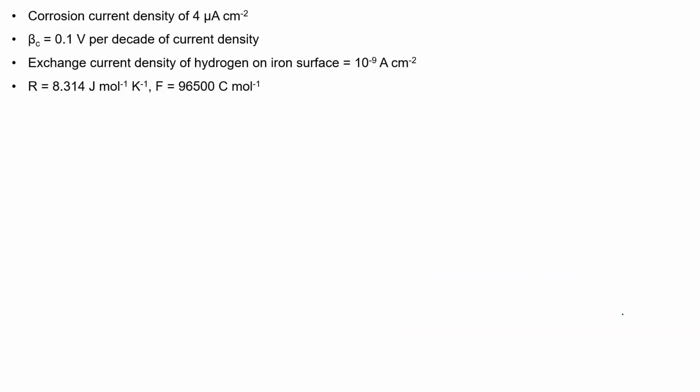Next slide. So the value that we determined is minus 0.1773 volt. Now we are required to find the value of E corr, the corrosion potential.